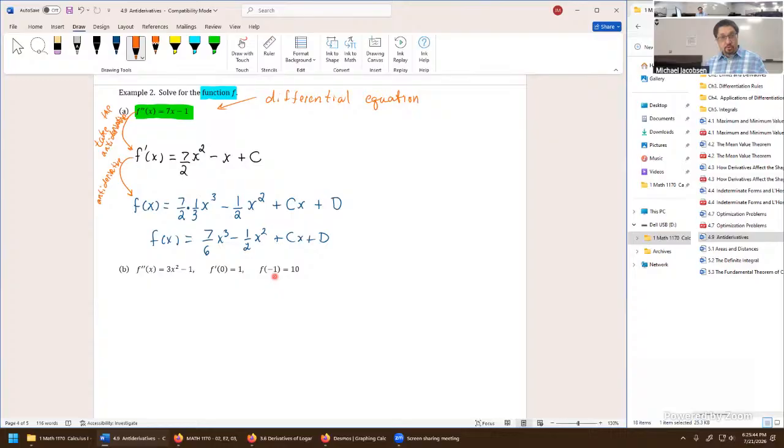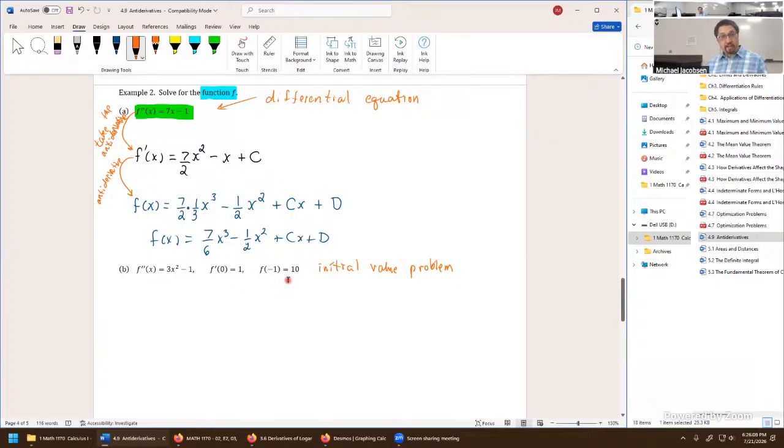Because there's initial values, we'll often call these, this one is sometimes called an initial value problem, which is a shorthand for it's a differential equation, but two extra values as well that we want to specify, a value for the derivative, a value for the function.